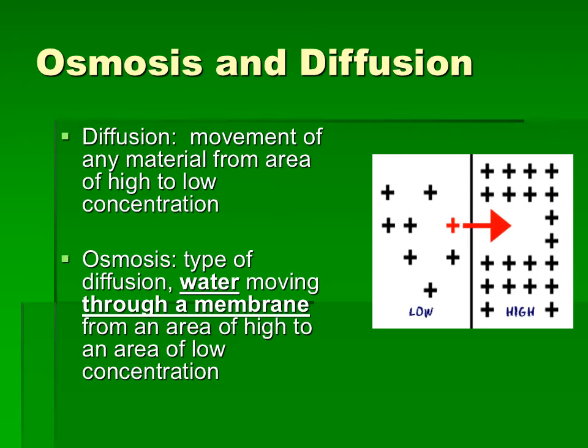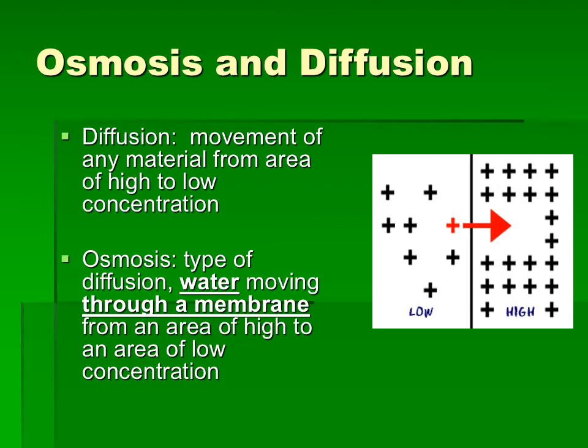Osmosis is a type of diffusion. However, it's water moving through a membrane from an area of higher to an area of lower concentration. So water or another type of liquid, like the lab we're using vinegar, corn syrup, and water, moving through a membrane, that membrane being the egg, from an area of higher to lower concentration.